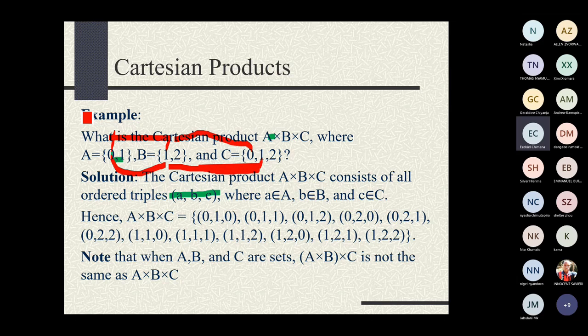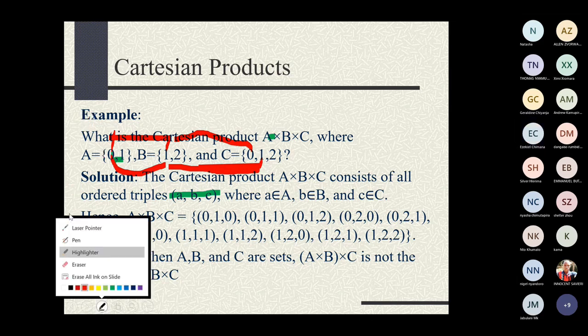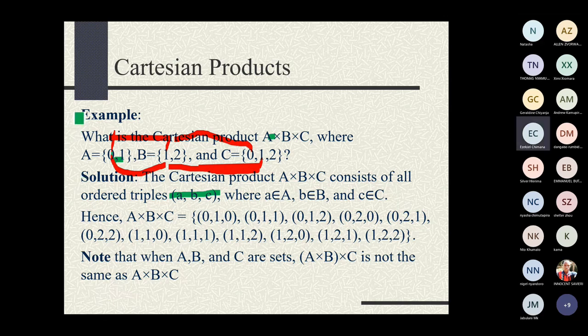Then next this 0 again, this 1, and then this 2. That's 0, 1, 2. So you take this first element and pair it with 1 and with the rest of the elements: 0, 1, 0; 0, 1, 1; 0, 1, 2.